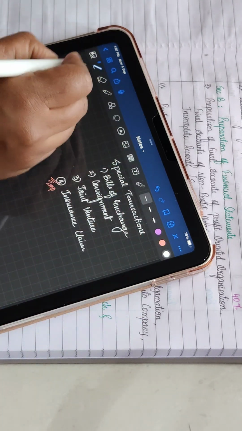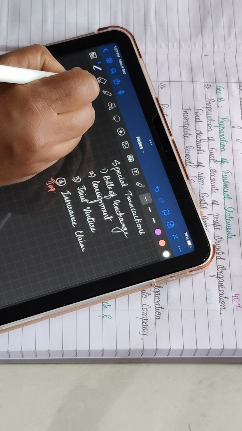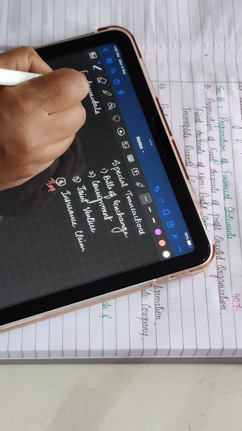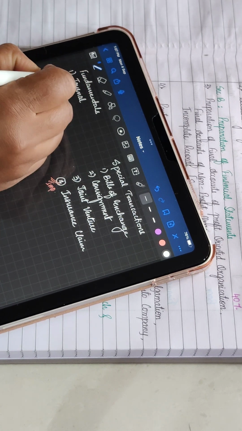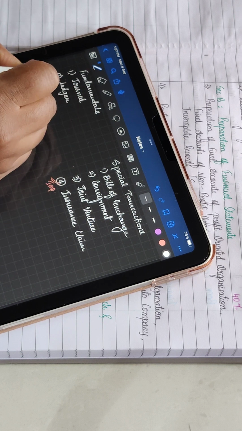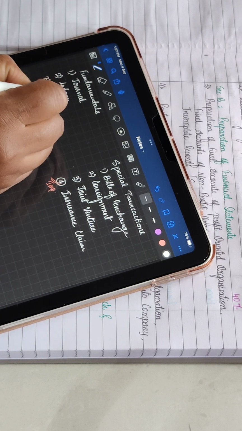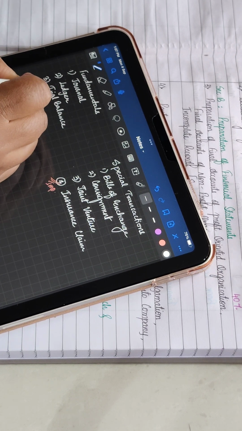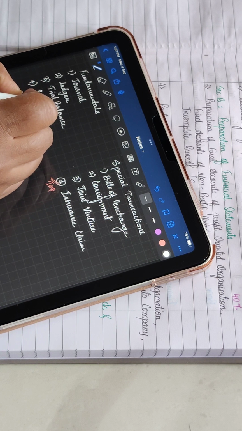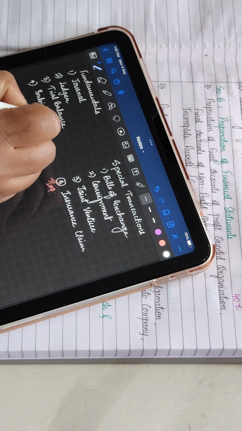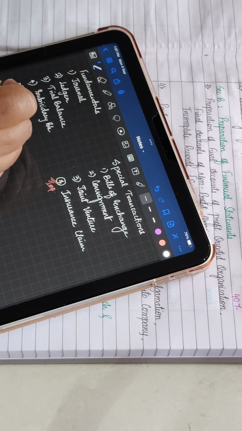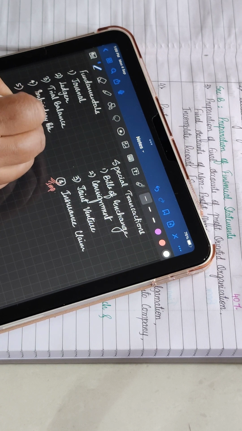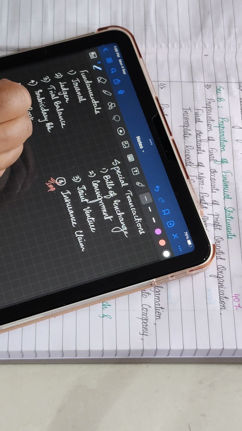And in basics fundamentals, basics are covered like journal, ledger, trial balance, all the financial statements, subsidiary book, and then cash book is covered, rectification.